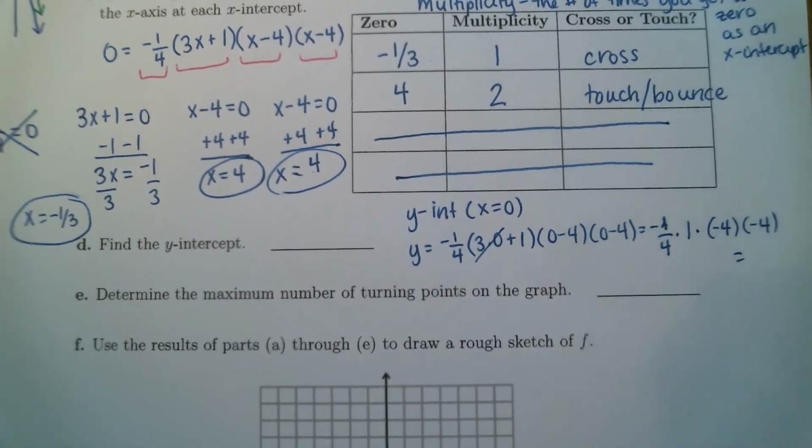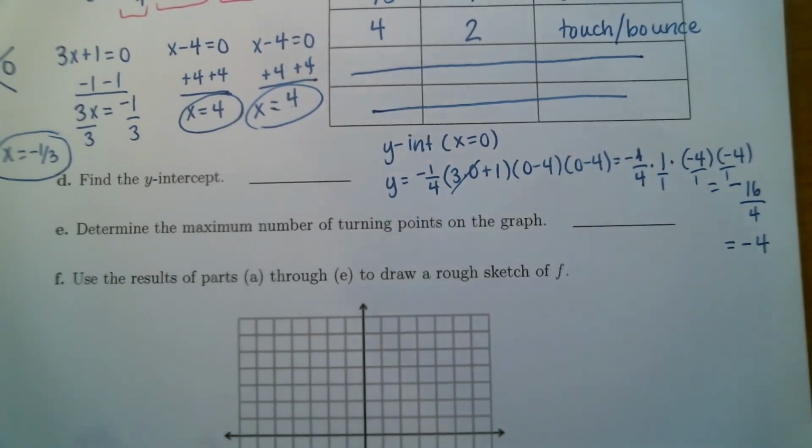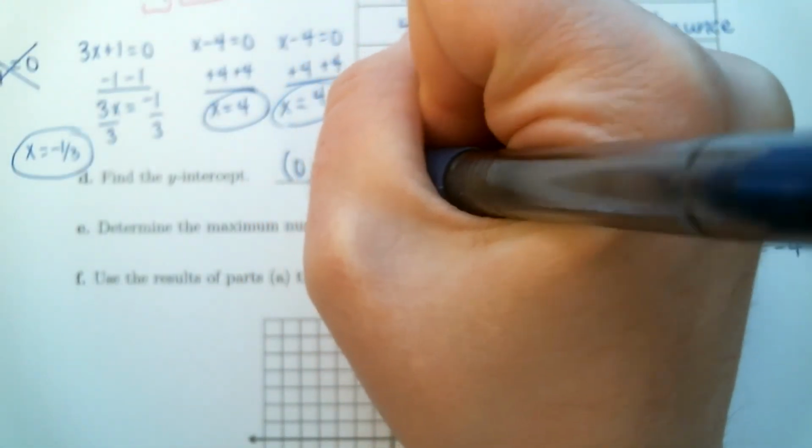If I multiply this all together, negative times negative is positive, times negative is negative. You can make these all fractions, multiply across the top, across the bottom. This is going to be negative 16 over 4. So your y-intercept is going to be negative 4. So my y-intercept is at the point x equals 0, y equals negative 4.